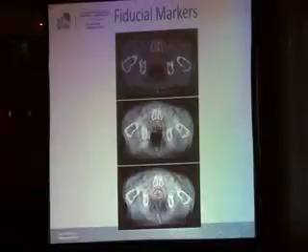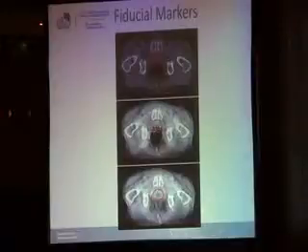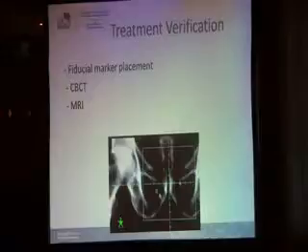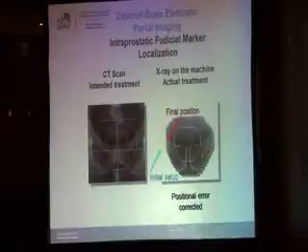And then by this we are sure for each day that we are in position. Treatment identification is either by fiducial, and the fiducial needs either the cone beam CT, EPID, or even the MRI, as we will see later.